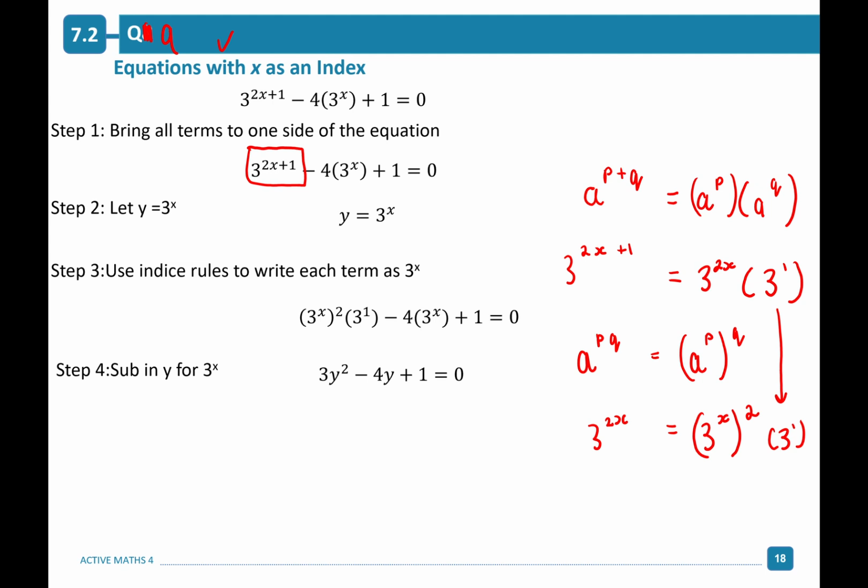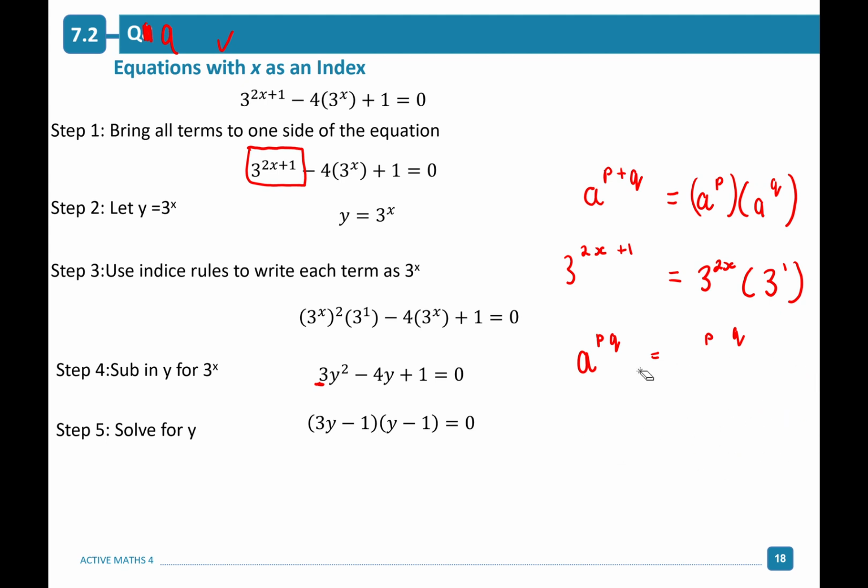And from here, we want to solve for y, so we're going to factorize our equation. So what are the factors of our n values? That's 3 times 1, which add to make our middle value of minus 4. Our factors are 3y minus 1 and y minus 1.